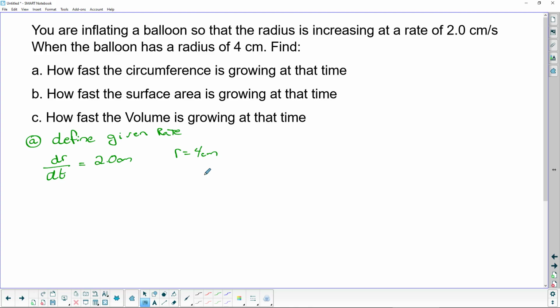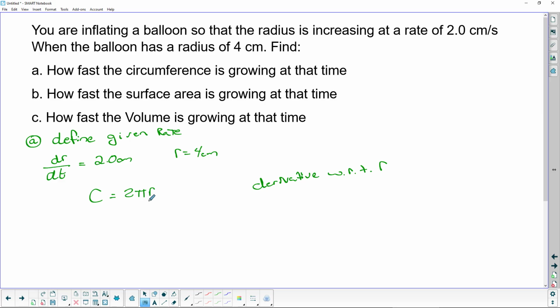Okay, once we do that, we take the equation of circumference and take the derivative of it with respect to r. So take the circumference equation, that's the first one, 2 pi r, and take the derivative with respect to r.